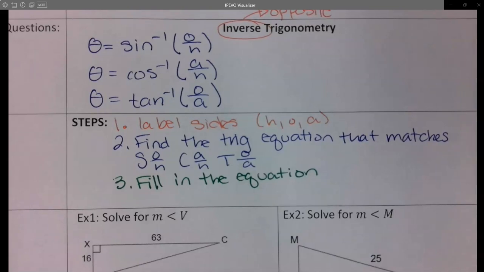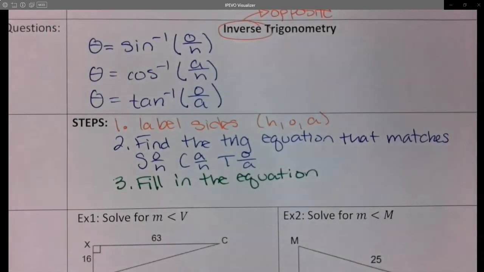Okay, and then my final step is to solve.